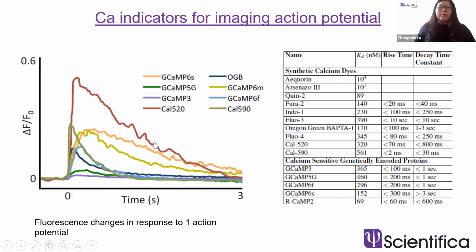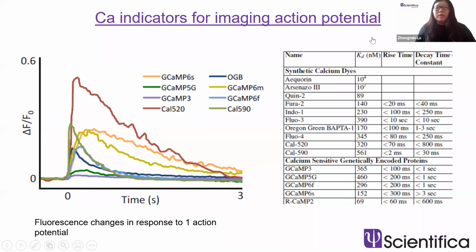Okay, so that's the talk about the Nyquist sampling principle and how you apply this in your actual application. I think most of you are really familiar with calcium imaging, and you have a really great selection of synthetic dyes or genetically encoded reporters, the most famous being GCaMP, right?